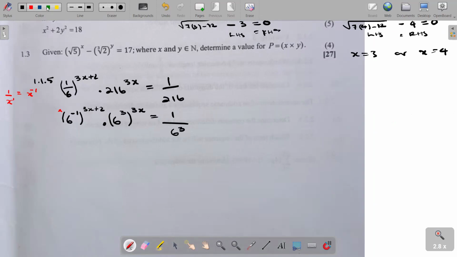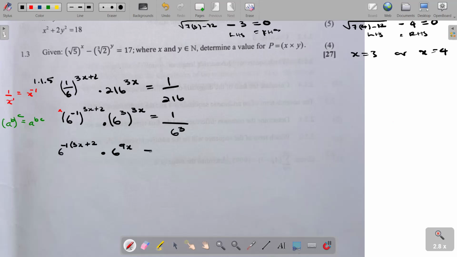We are going to apply a rule which says that a to the power b to the power c will be equal to a to the power bc. We multiply the powers. So it means here we are going to be left with 6 to the power minus 1 multiplied by 3x plus 2, multiplied by 6 to the power 3 times 3x, which becomes 9x.